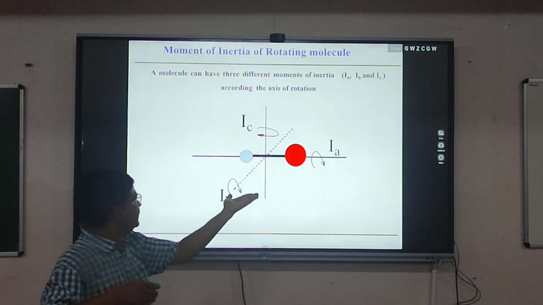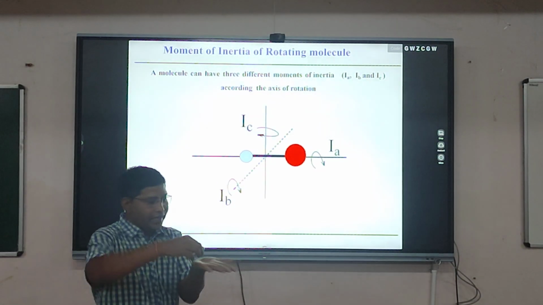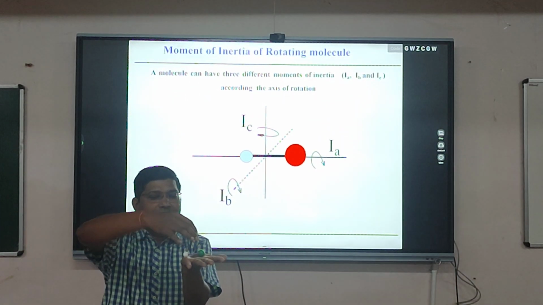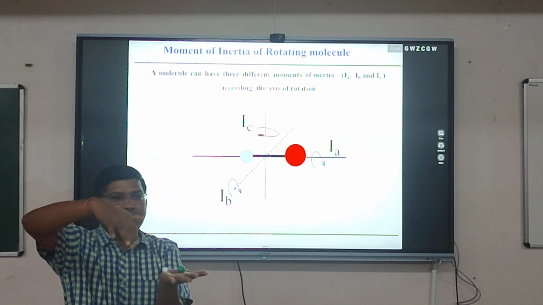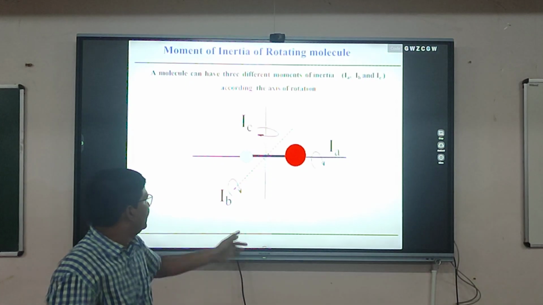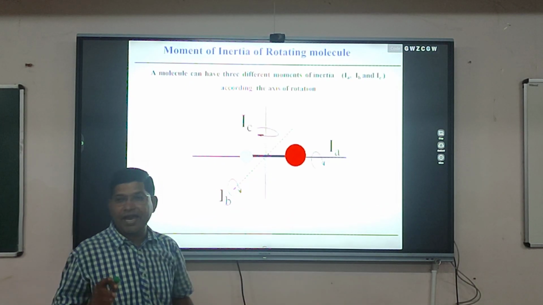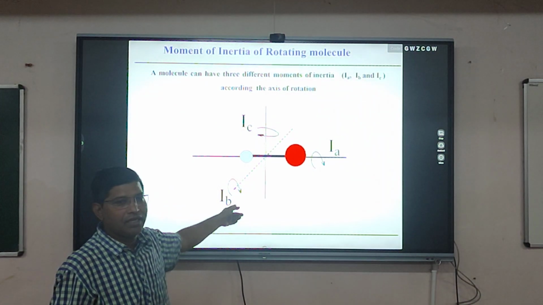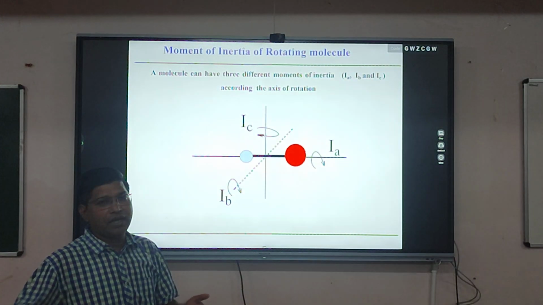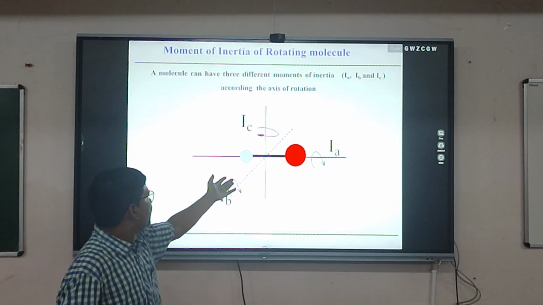Then what may be another way? There is a plane, and we can rotate our molecule on the plane. Again, the amount of inertia required to rotate the molecule on a plane we symbolize as Ib, the moment of inertia for rotation of the molecule along the plane.